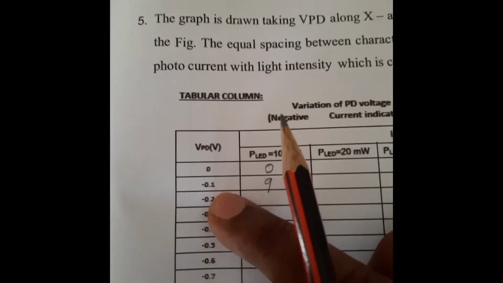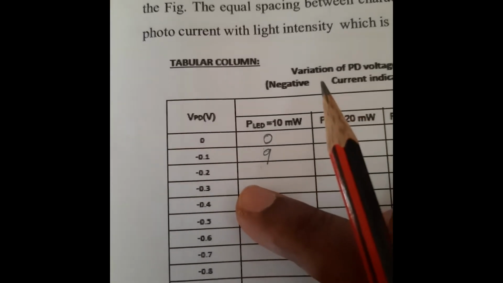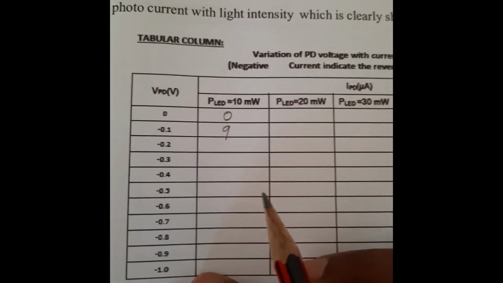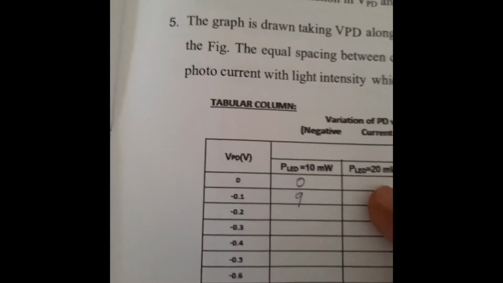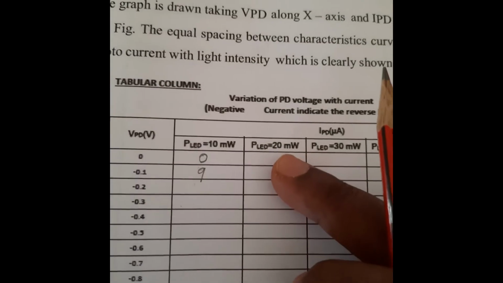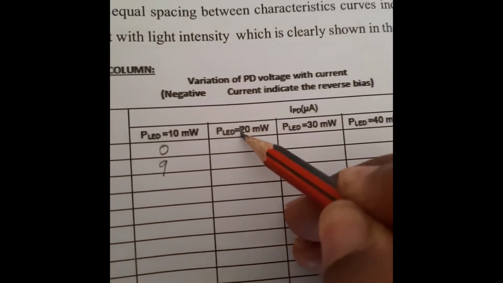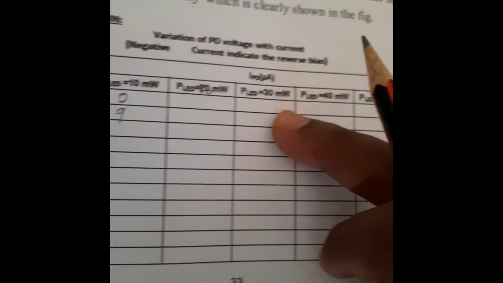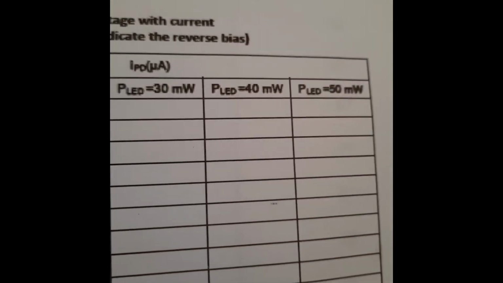Repeat the experiment by increasing the voltage across the photodiode in steps of 0.1 volts up to 1 volt as shown in the tabular column. This is the procedure that we have to follow. For the second trial, we have to start with setting the input power at 18 milliwatts, and third trial 30, fourth trial 38, and fifth trial 50 milliwatts.